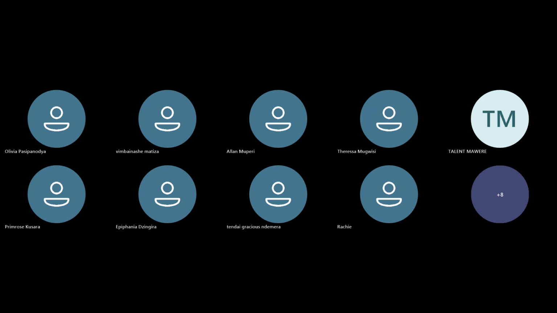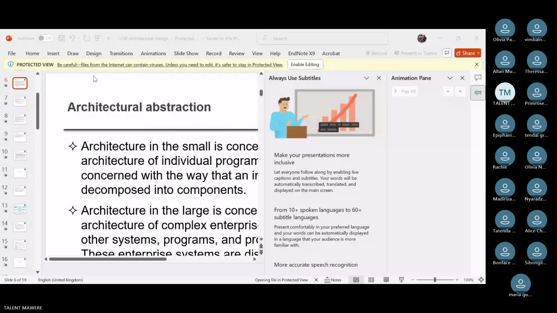Communication skills. Digital design. Do you see it now?